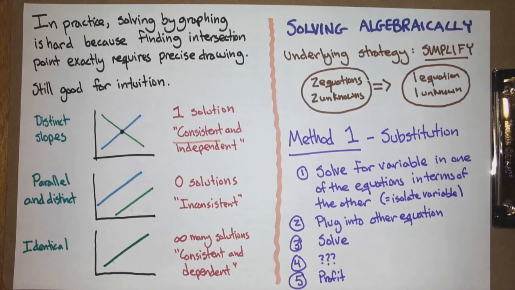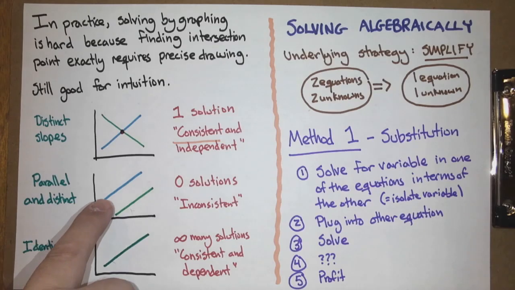So it's possible to come up with a system of equations where no solution is possible. And we call this an inconsistent system. It's just there's no solution. Consistent means there's a solution, so inconsistent means no solution.